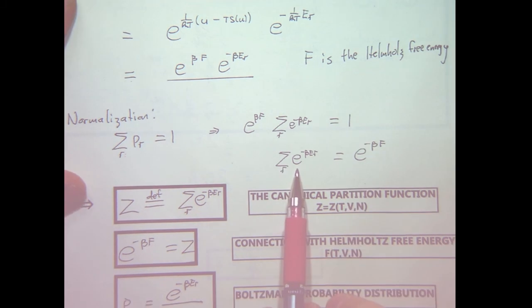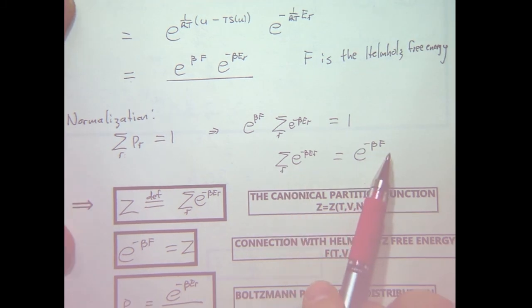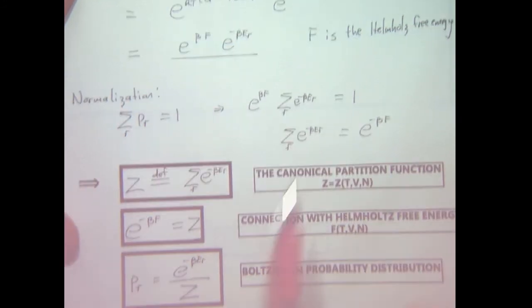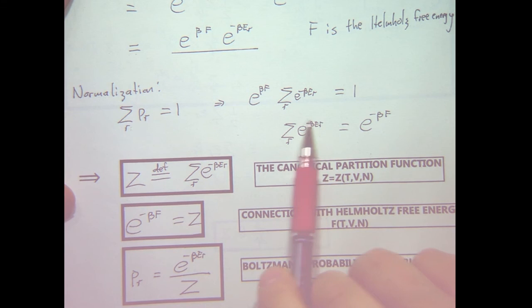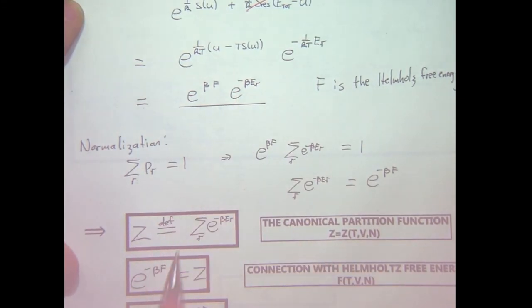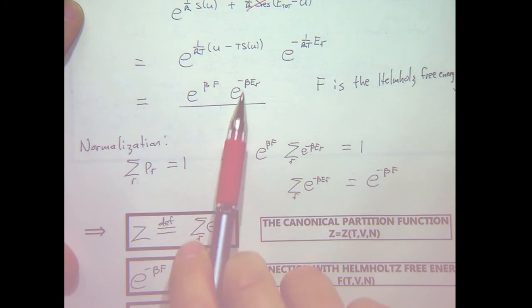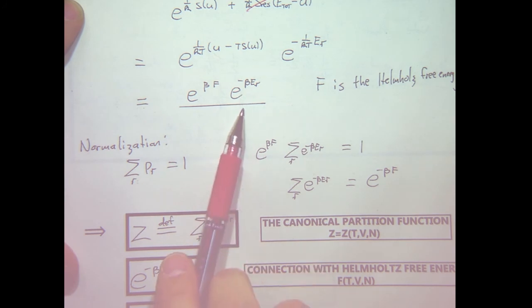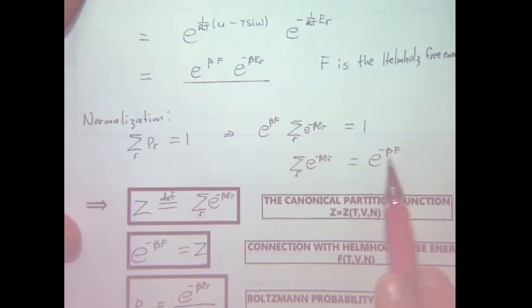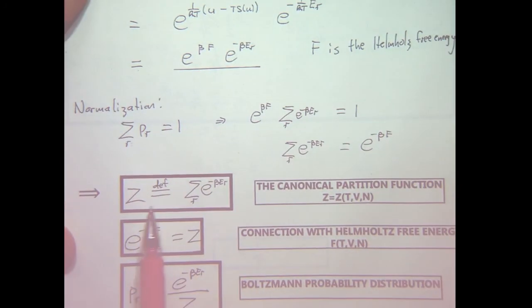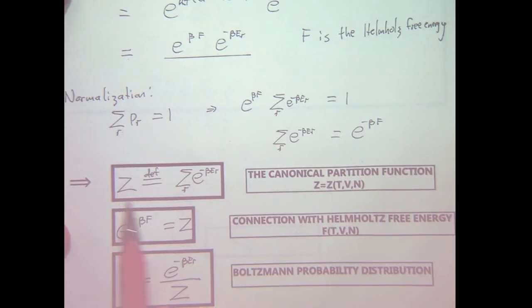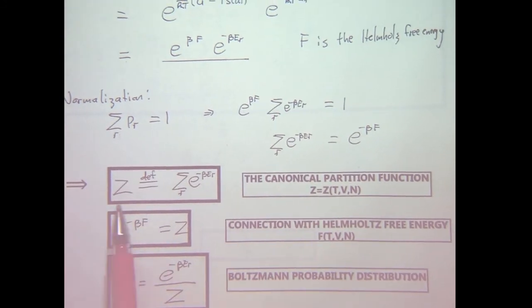Okay? So that sum is in fact the normalization, and that sum is given the symbol Z, and that's called the canonical partition function.